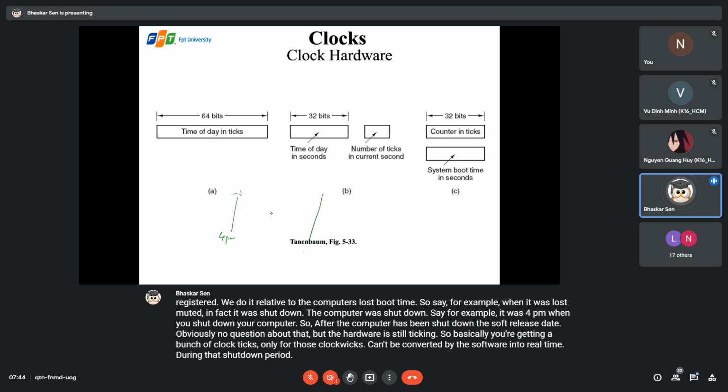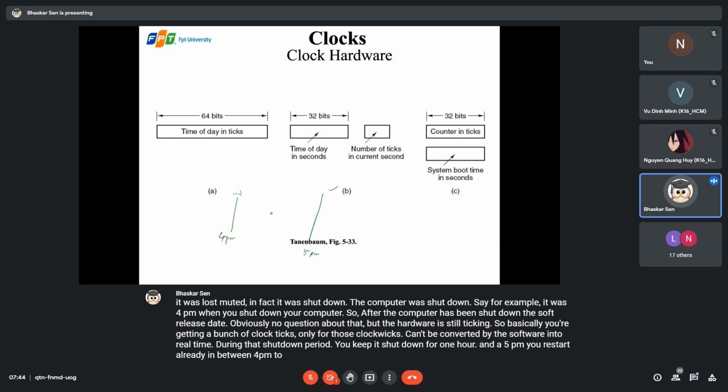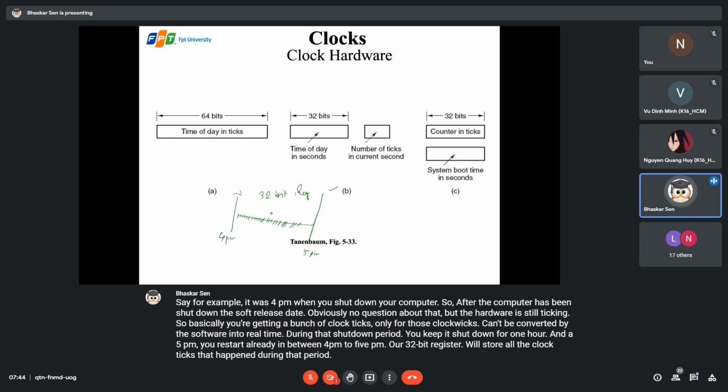You kept it shut down for 1 hour, and at 5 p.m. you restarted it. In between 4 p.m. to 5 p.m., our 32-bit register will store all the clock ticks that happened during that period. It's easy, no problem, just a matter of 1 hour, right?